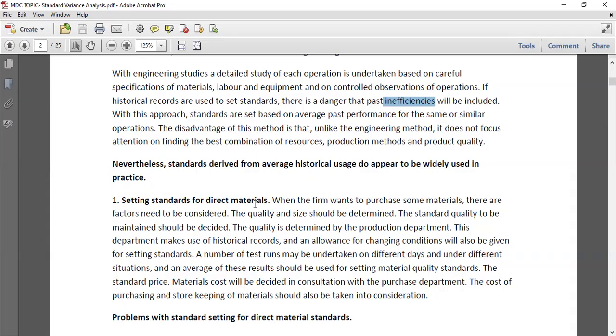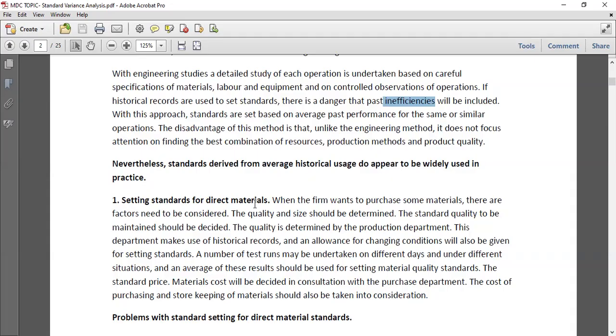We might also go to the market, do market research to determine the actual price of these materials, and so on, okay? So this is very important for us to have in mind. So that is what happens when it comes to the direct materials.